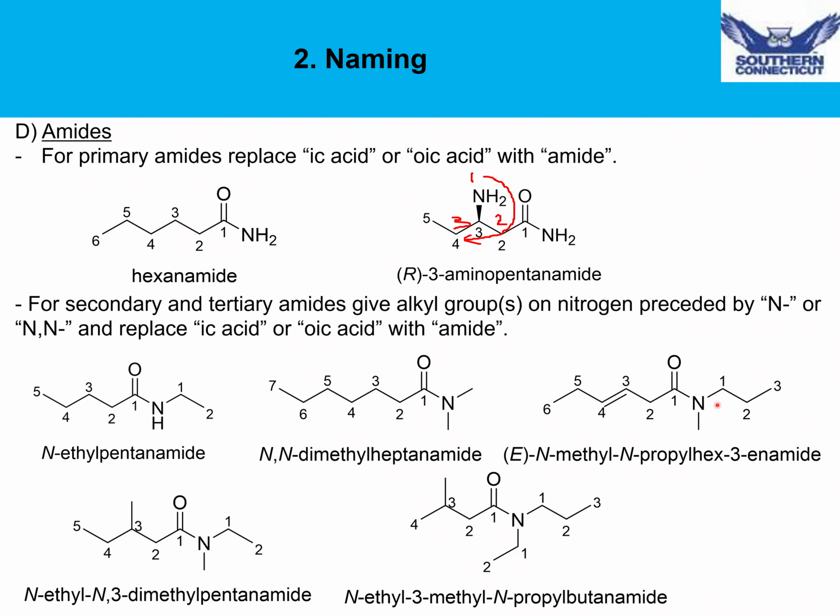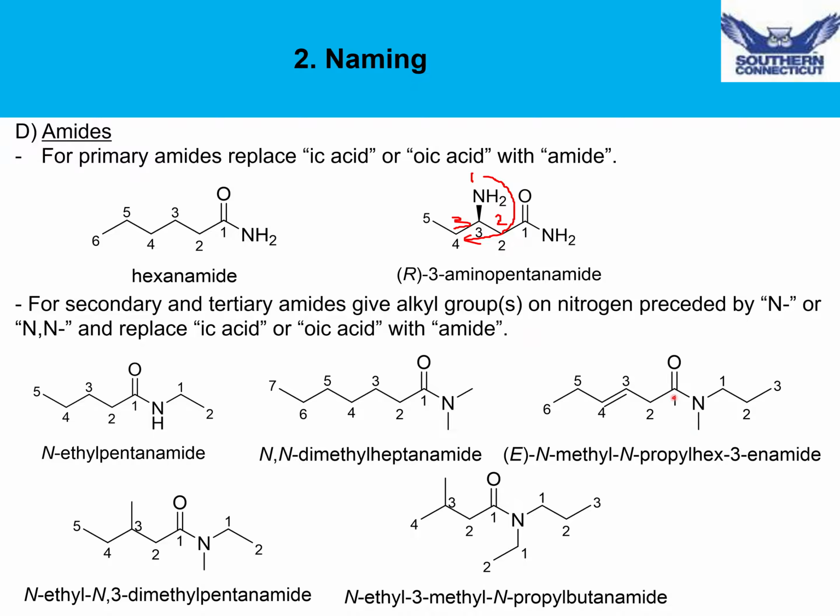In the next example, we have two different alkyl groups, a propyl group and a methyl group. Just like any other substituent, we want to alphabetize these substituents. So methyl goes first: N-methyl, N-propyl goes in front of the parent name.